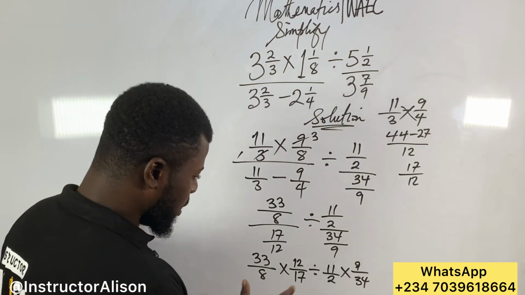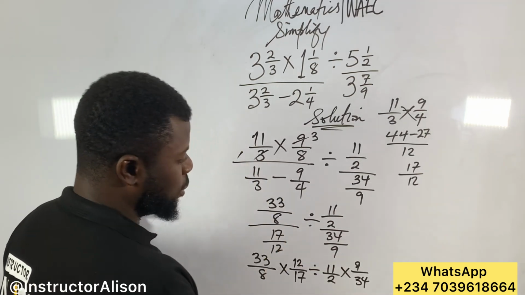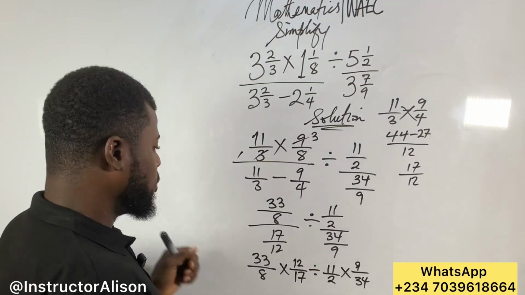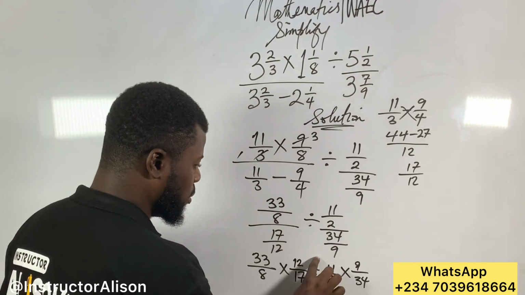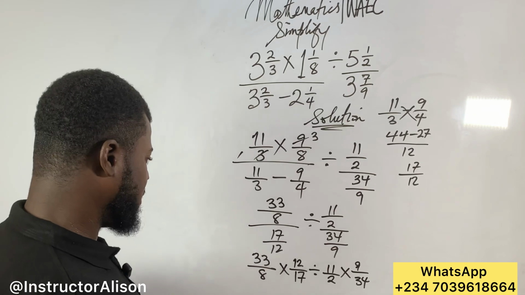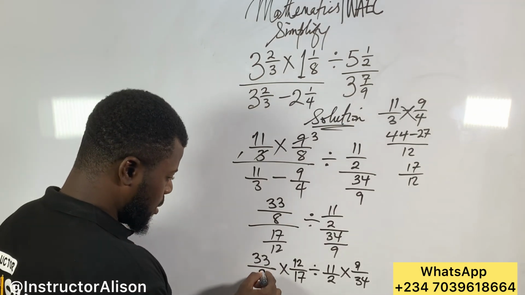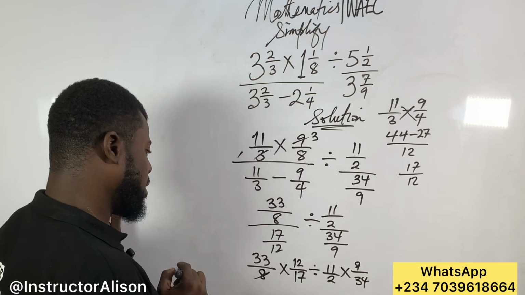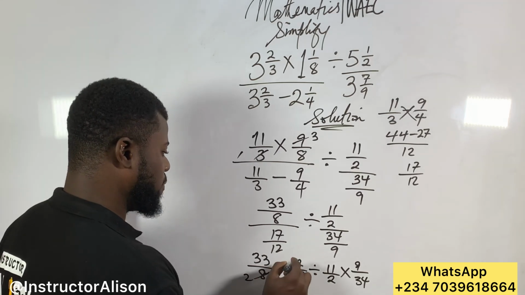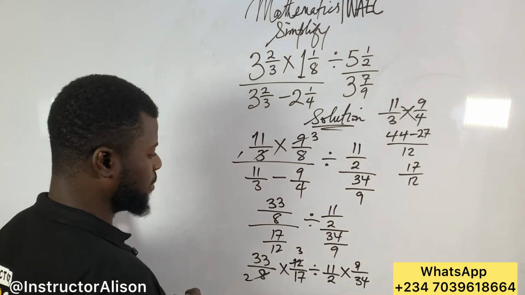This one just be like numerator and this particular one on the denominator. So if I change this one to multiplication, I go flip this term here. I leave one first. If you reduce things here, 4 go inside 8 two times, 4 go inside 12 three times.